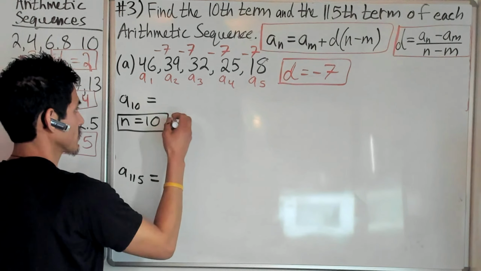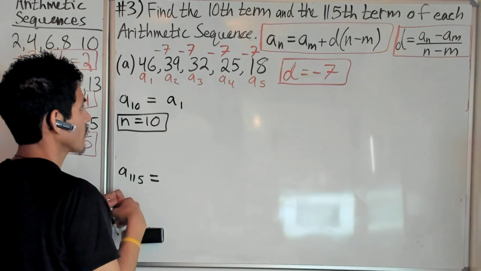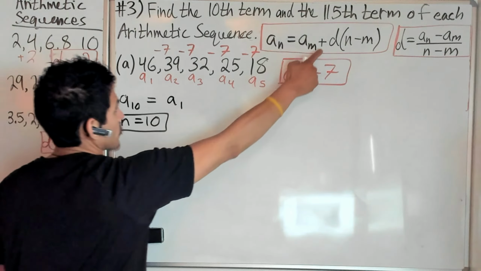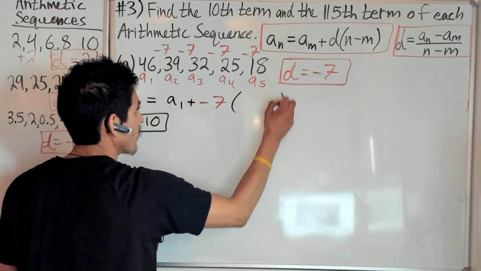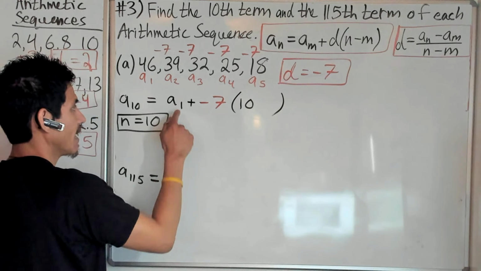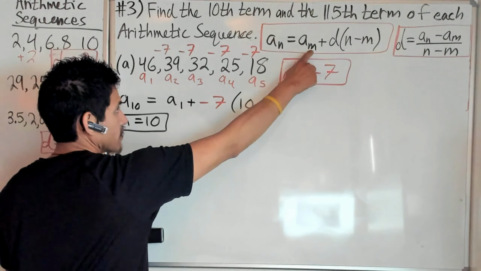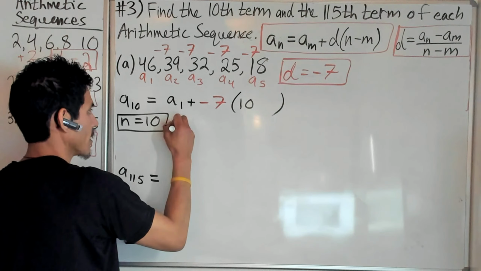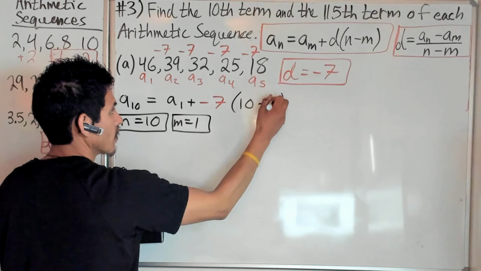Let's pick A1 because it's probably the instinct. So we're going to say A1, plus our common difference, so plus -7, times n minus m. N we established is 10, and m is going to be 1 in this case because we chose A1. So we're going to do 10 minus 1.